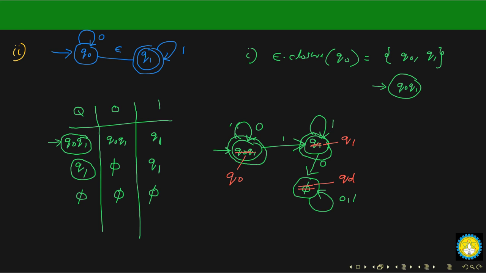So once you've got an answer, then you can rename it with single letters. You can either follow Q0, Q1, QD, or you can even call them as A, B, C. This state can be called A, this state can be called as B, and this state can be called as D, whatever you like. Okay, so this is something which we have done in our NFA to DFA conversion as well. So this is something we can do here as well.